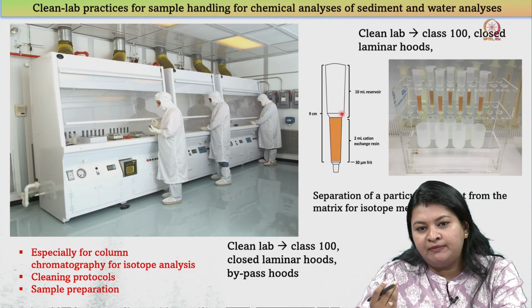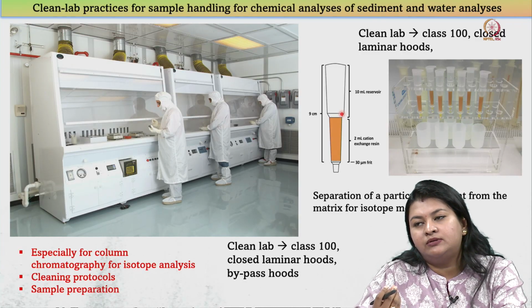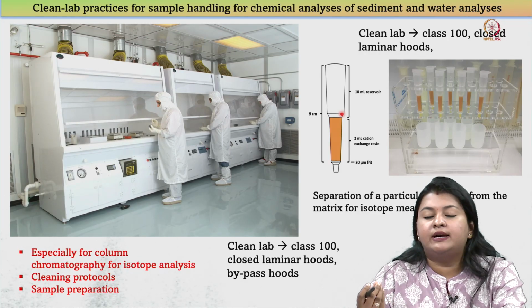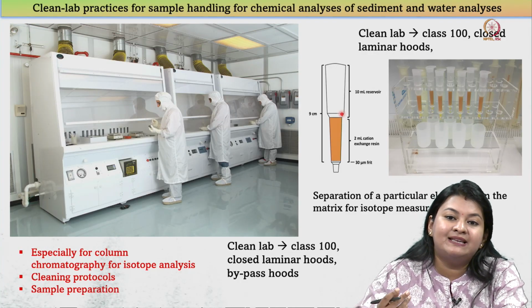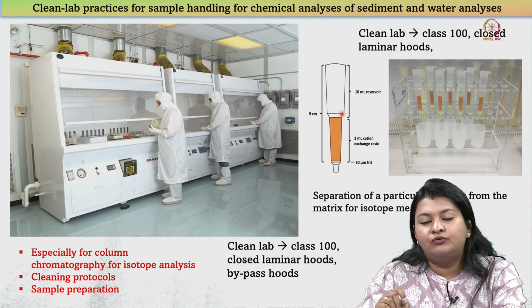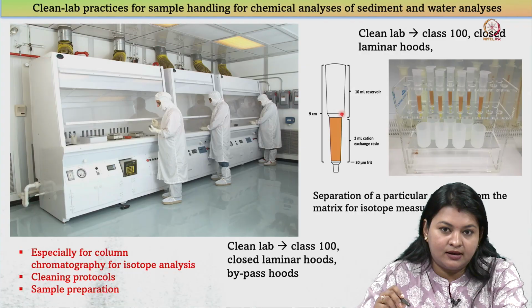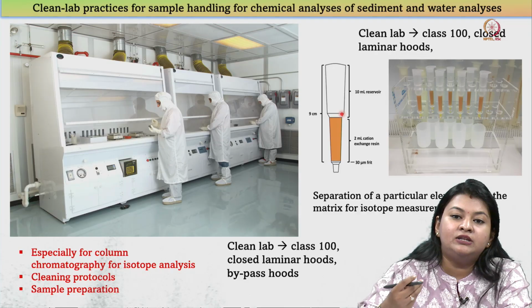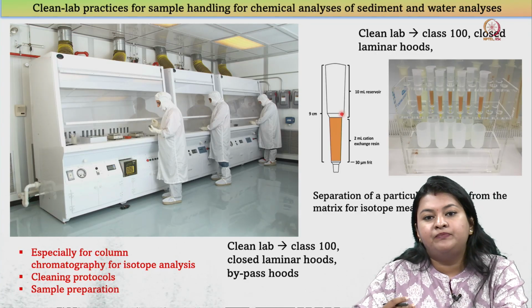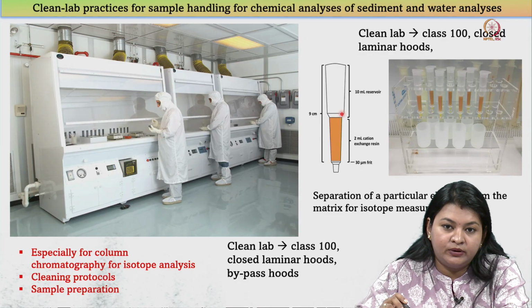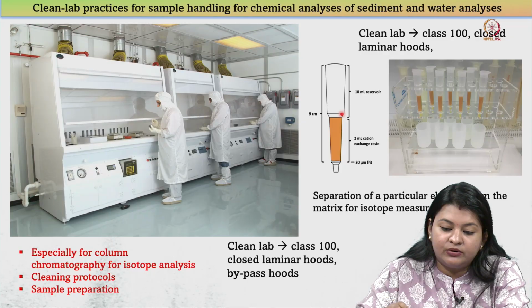Resin is a type of chemical material powder that will have an affinity for a particular kind of element, and that will separate it from the other elements, which we call the matrix. So, for different elements different resins are there, and using different solutions, acidic solutions or other kinds of solutions, the particular element that you are going to do isotope analysis on, you are going to separate it.